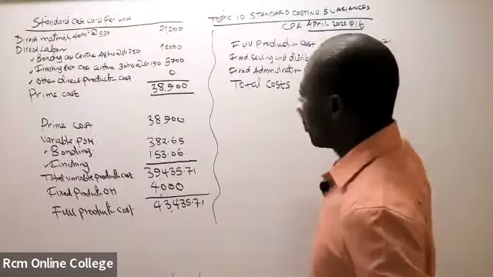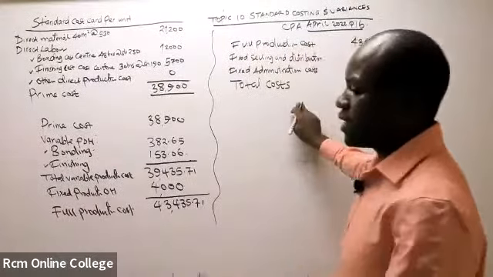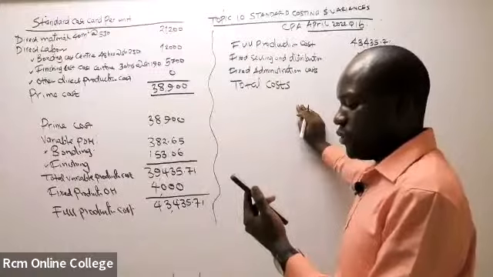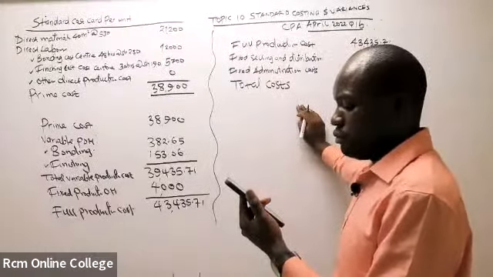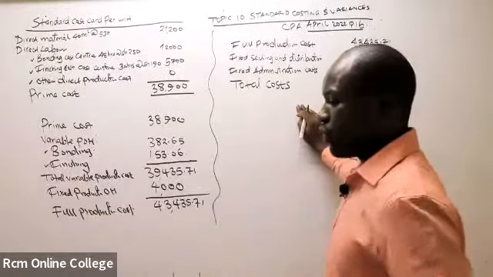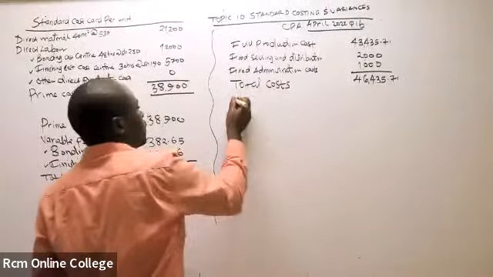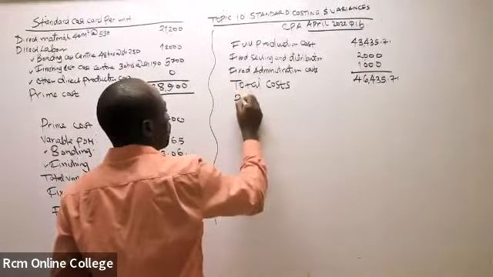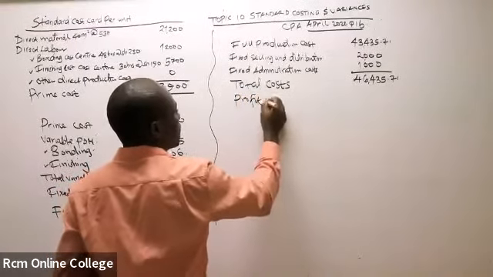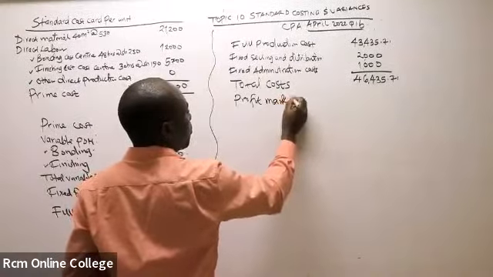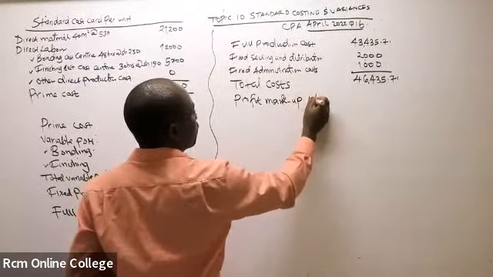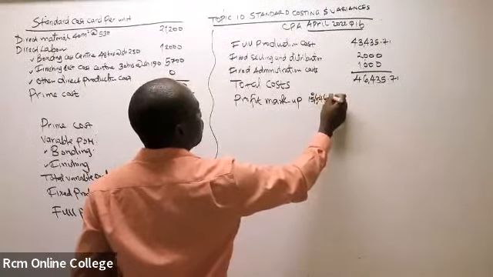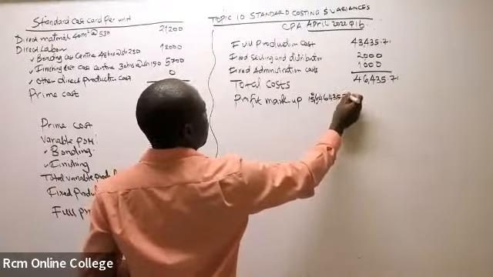Now, to this total cost, what are they telling us? They want us to get the selling price per unit. Selling price per unit with a notional profit of 15% on cost. So that is markup. Profit markup ni ngapi? 15% of how much? Of 46,435.71.